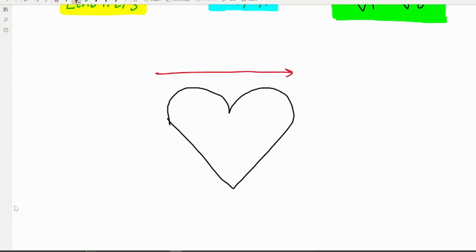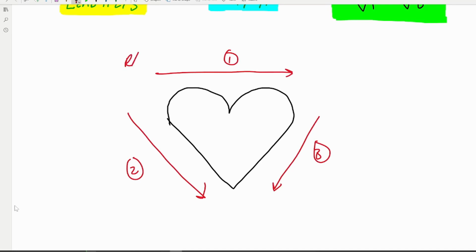So here are your 3 leads. Lead 1, lead 2, lead 3. Right arm, and left leg. Okay? So now if you remember in the first video, I told you each lead needs to be thought of as an eyeball. The reason you should think of it as an eyeball is because it helps you to determine the direction the lead is going in. Okay, so here is our eyeball.